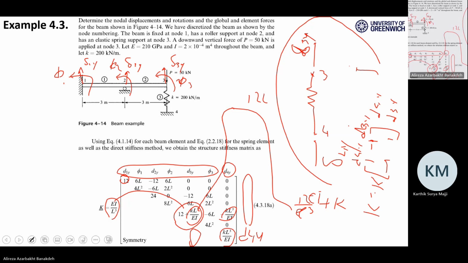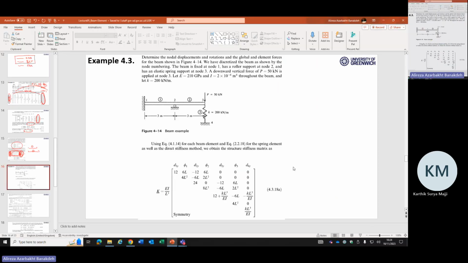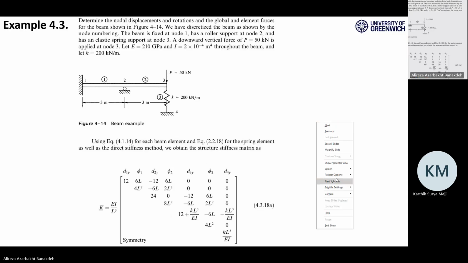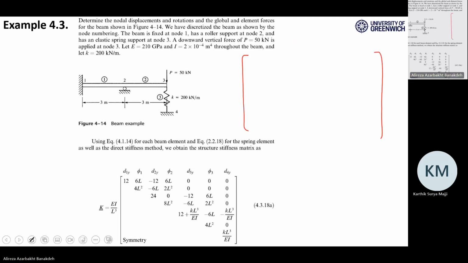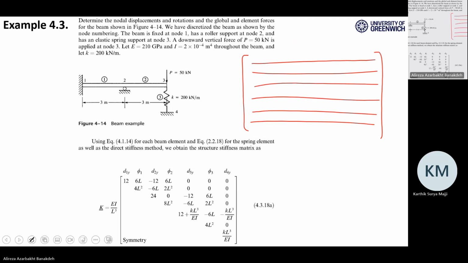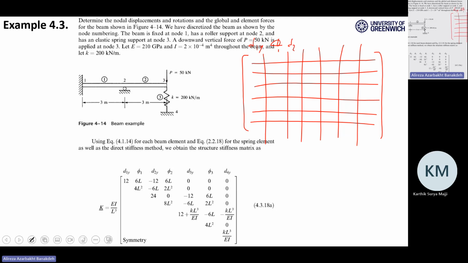In other words, let's make it simpler. I have a 7 by 7 matrix: D1Y, D1, D2Y, D2, D3Y, D3, and D4Y.